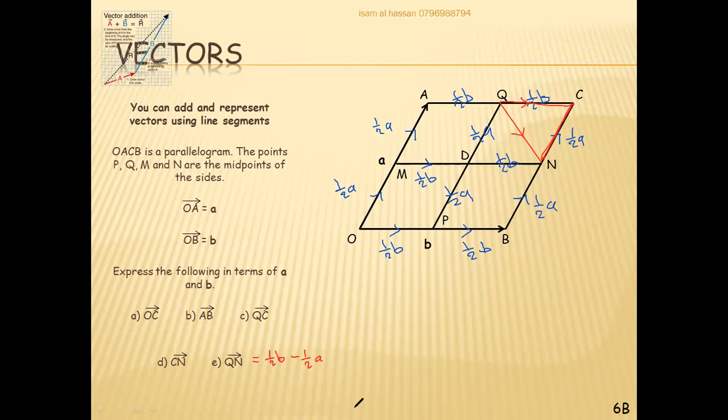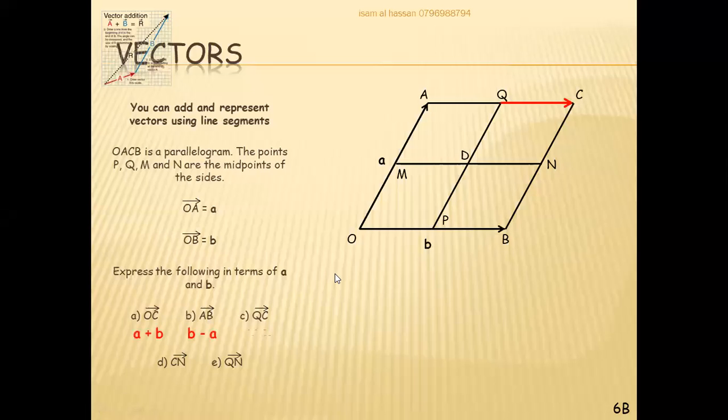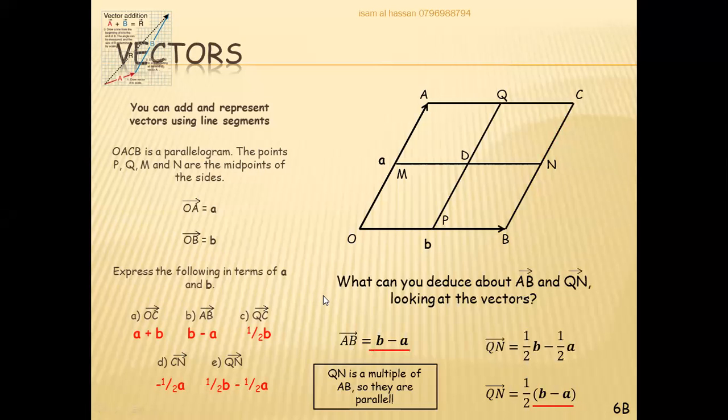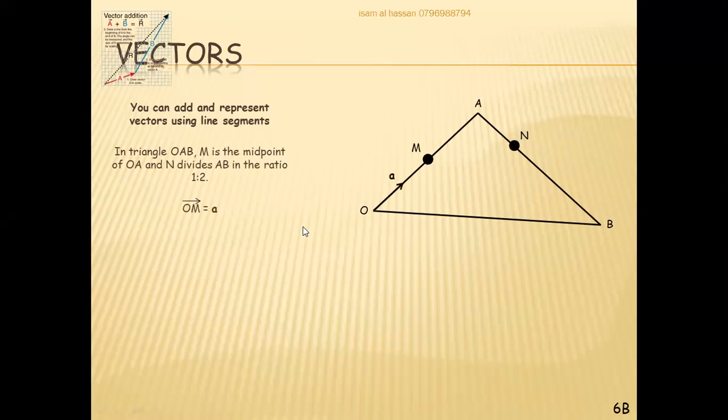Okay, so let me go for the other example. All of those is given. Now, for the triangle, M is a midpoint, OA is divided in this ratio. That's a midpoint, that's a ratio. That's a small a, that's a small b, and express ON in terms of a and b.